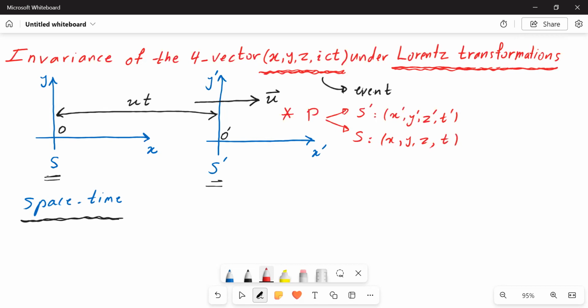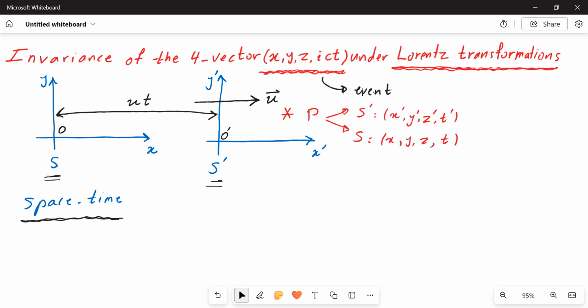Now, in order for S and S prime to talk to each other, they must find a way to convert their coordinates of this single event that is taking place at some point in space and at some point in time. And as I mentioned earlier, the proper transformations between these two frames of reference is given by Lorentz transformations.